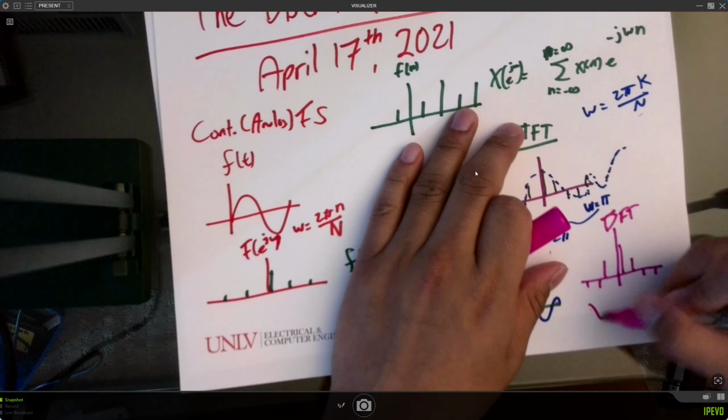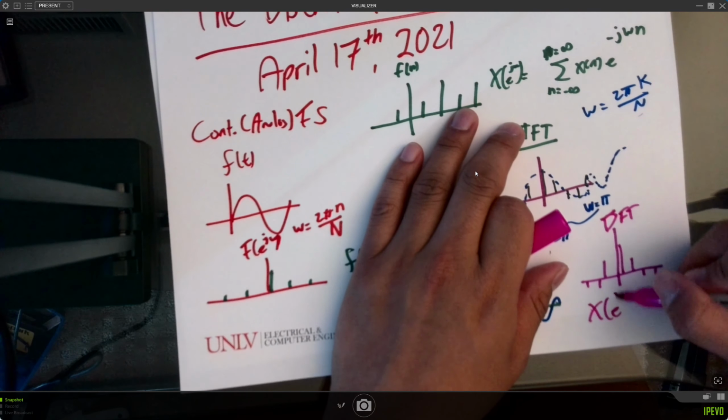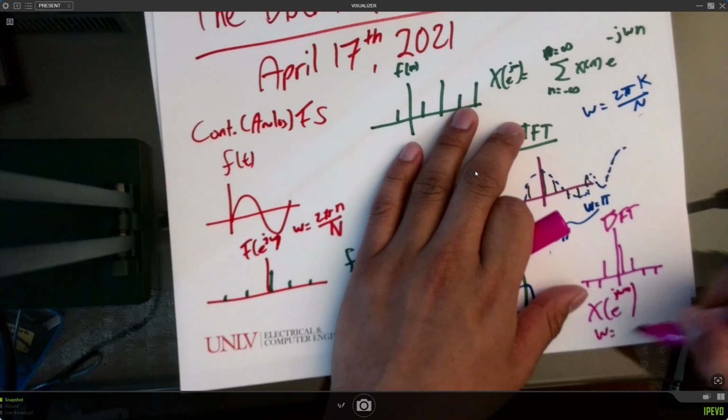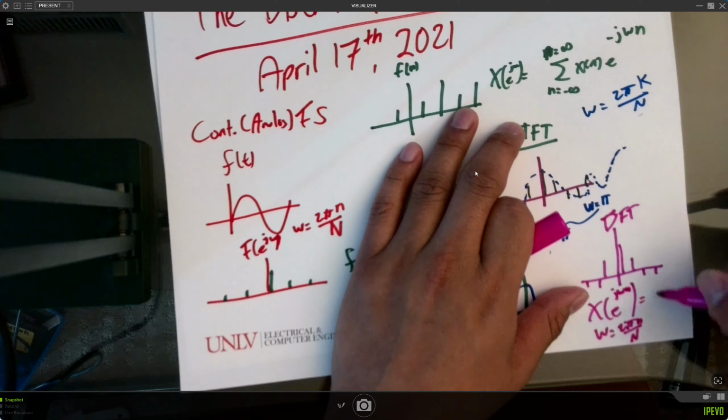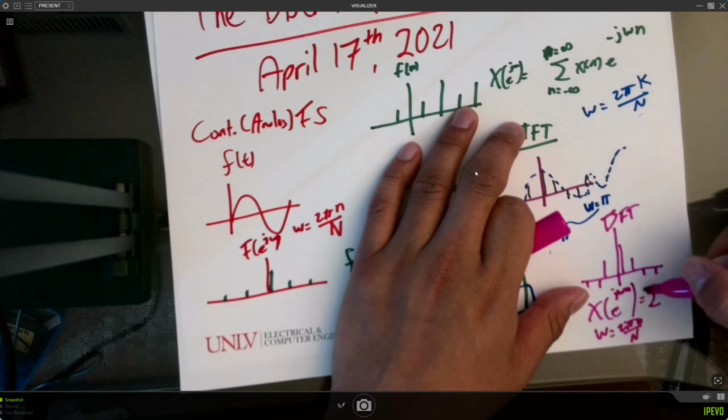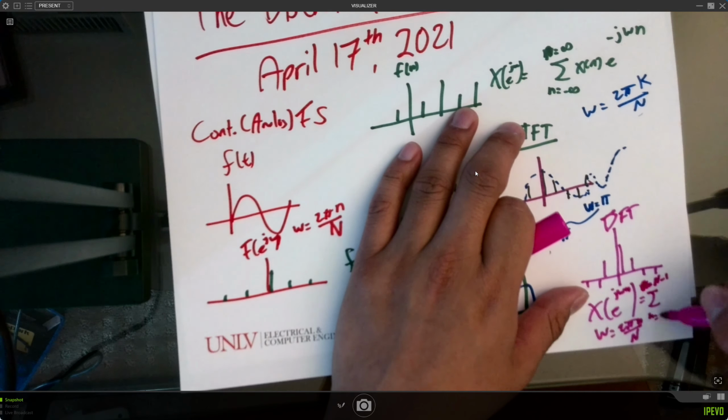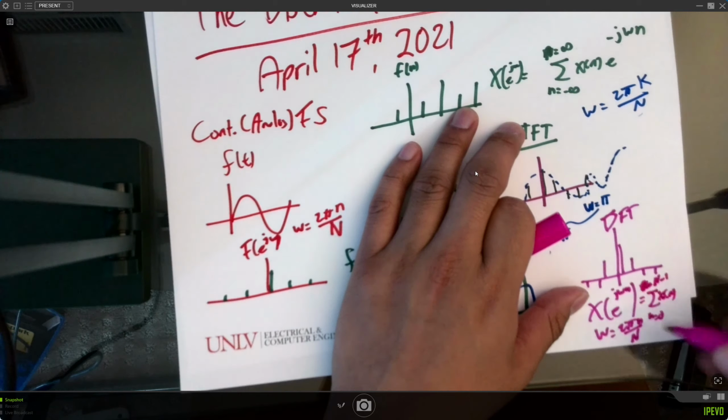And actually for a finite signal, so x of e to the j omega n, where we actually sample 2 pi n over n, from lowercase n equal to 0 to n minus 1, of x of n.